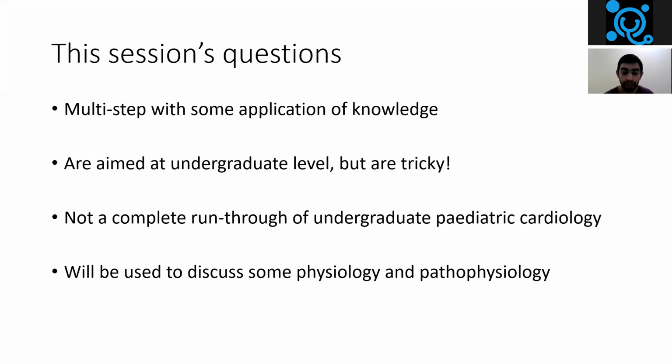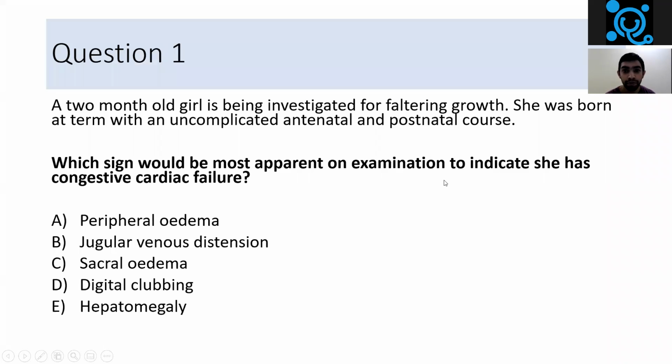But I will use some of the questions on here as a springboard to discuss some physiology and pathophysiology about what's going on, so you can help structure your learning as well. So yeah, I hope it's useful. This series is going to be a set of 9 SBA questions, and we'll have a discussion after each question as well. So we'll start off with the first question.